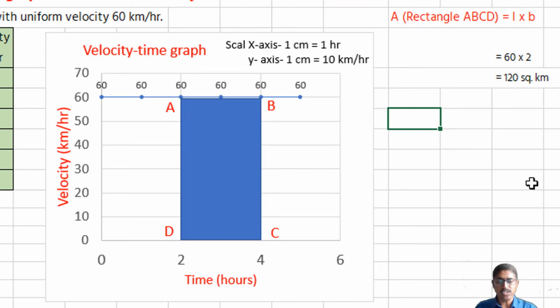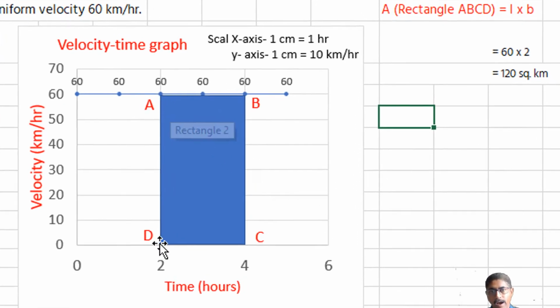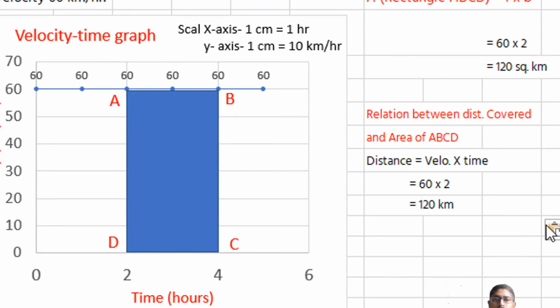Now the second question is, what is the relation between distance covered by the train and the area on the graph? We know the formula, distance is equal to velocity into time.